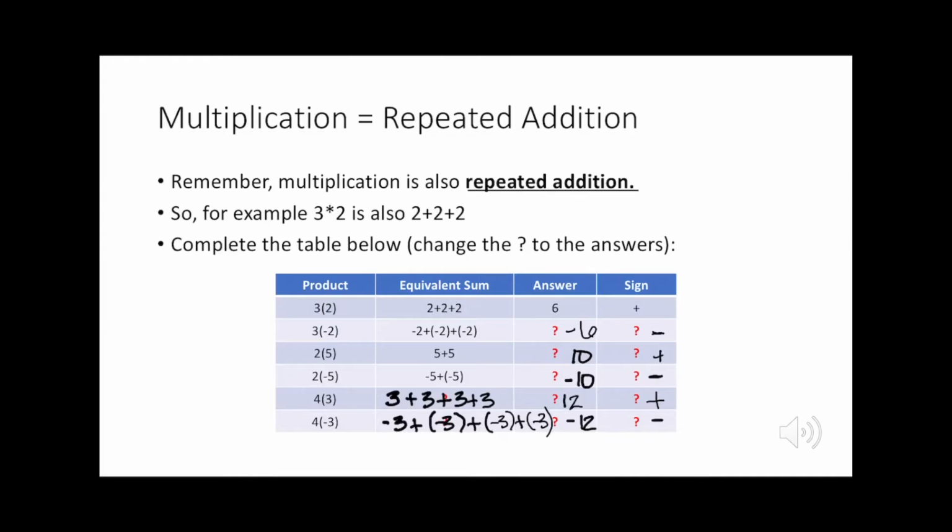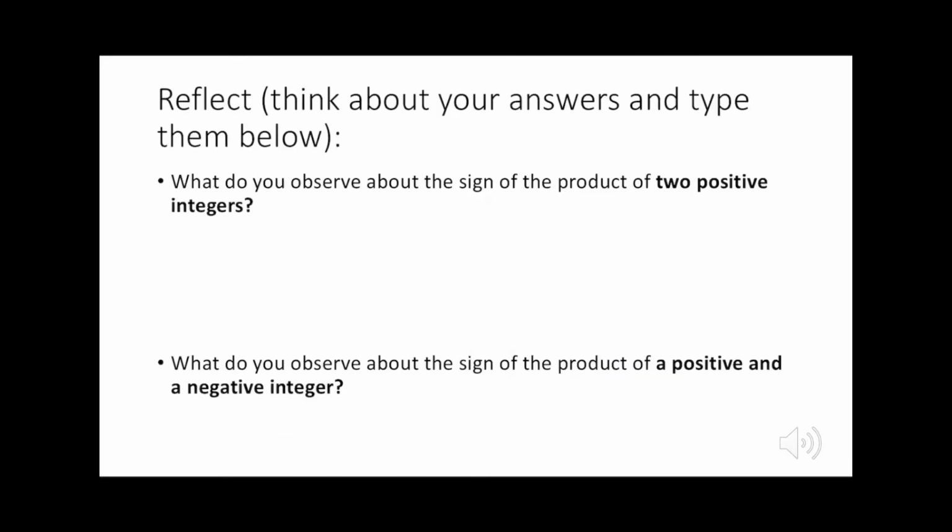Take a look at this table and think about what you're noticing here. Do you notice a pattern? Is there something that we can say about multiplying integers? So when you observed the signs of the product of 2 positive integers, what did you notice?